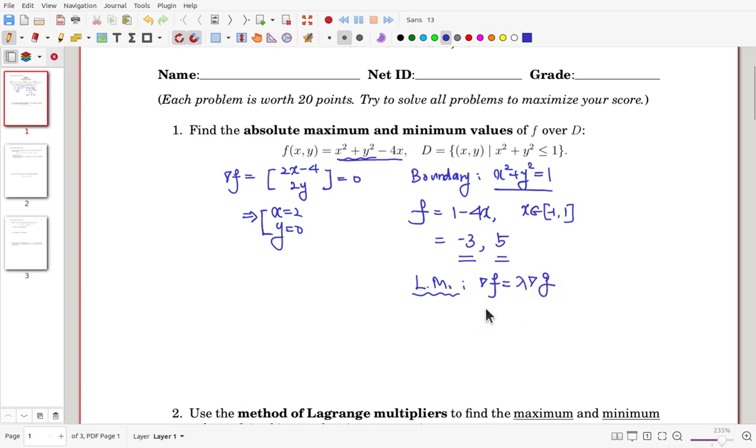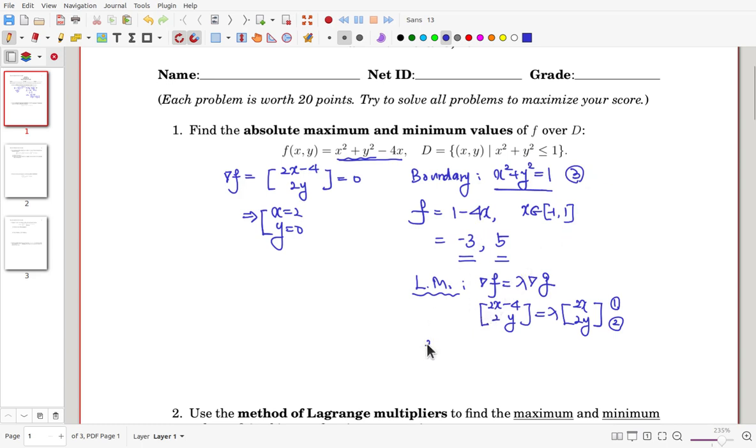Already we know the gradient of f, which is 2x minus 4 and 2y, and lambda times the gradient of g is 2x and 2y. There is the first equation, the second equation, and the constraint must be the third equation.